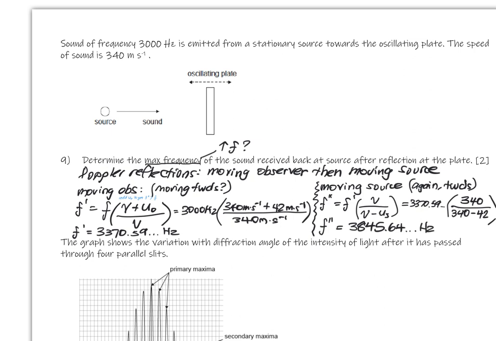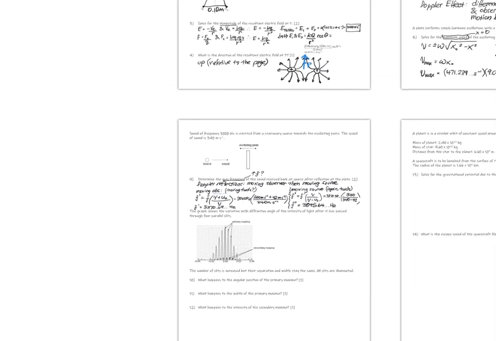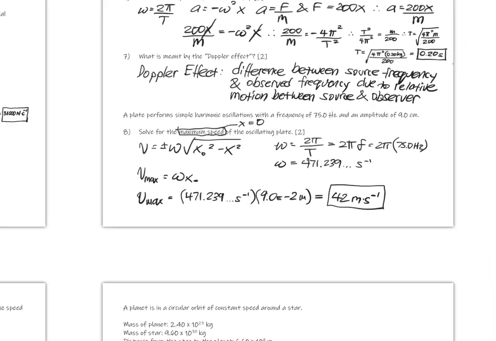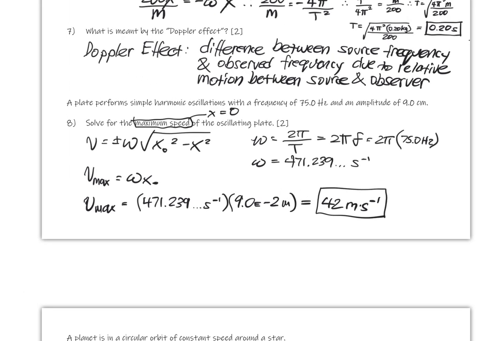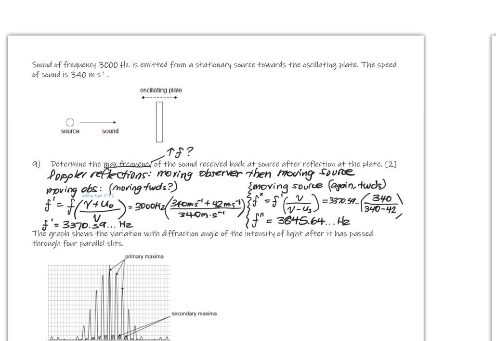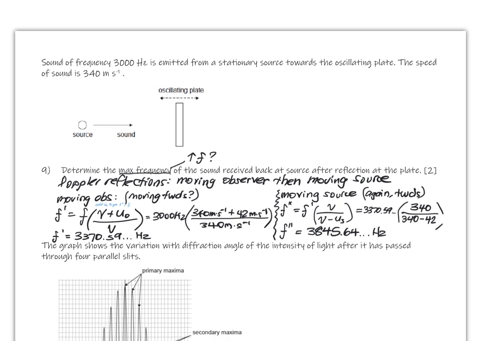So the max frequency received back at the source after reflection, when you control for significant figures, the 42 meters per second was 2 sig figs, and that was 2 sig figs because the amplitude of 9 centimeters was 2 sig figs. So I guess my final answer is going to be 3800 hertz when I round for sig figs.